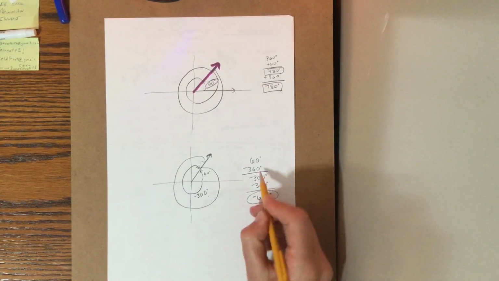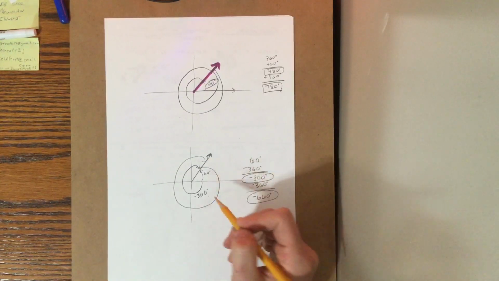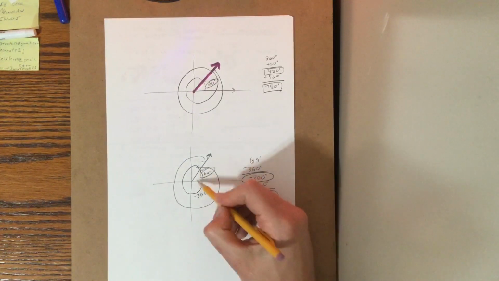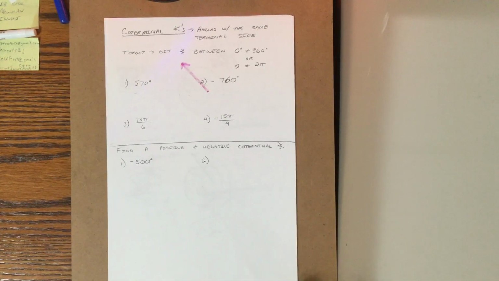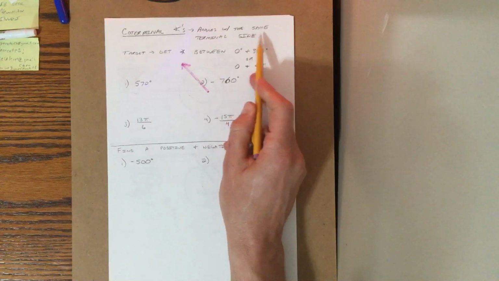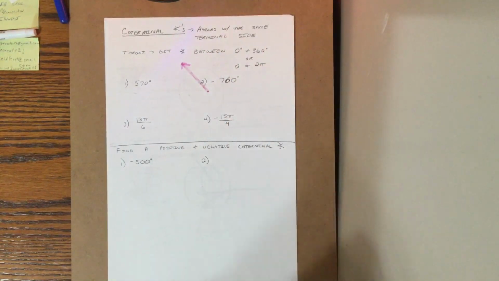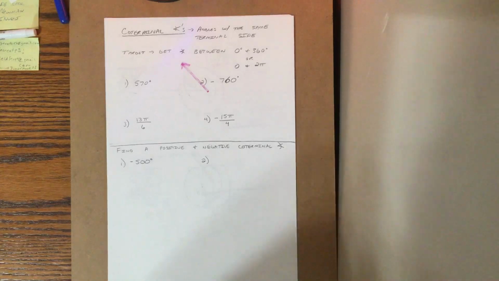Okay, so all those angle measures, again, have the same terminal side. So we call those coterminal angles. All right. So coterminal angles are angles with the same terminal side. Different amount of rotation, but they end up in the same place.